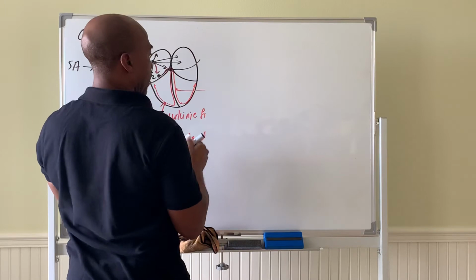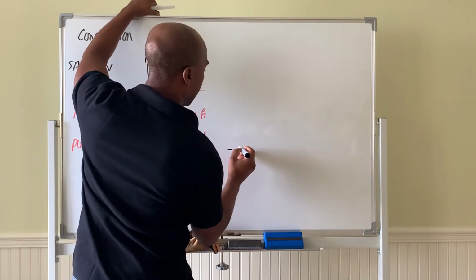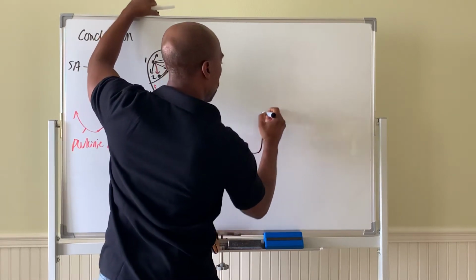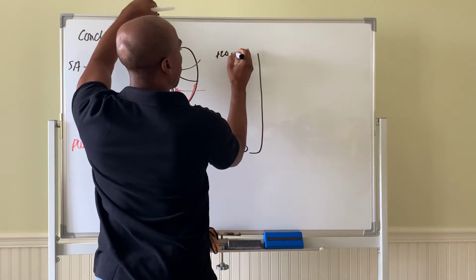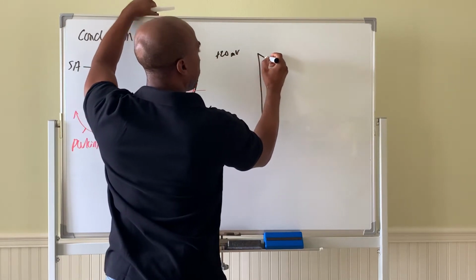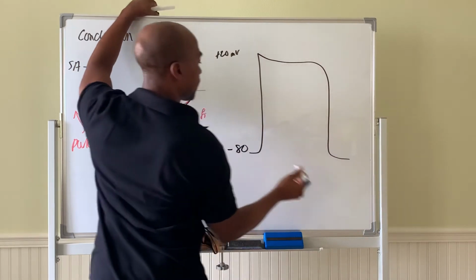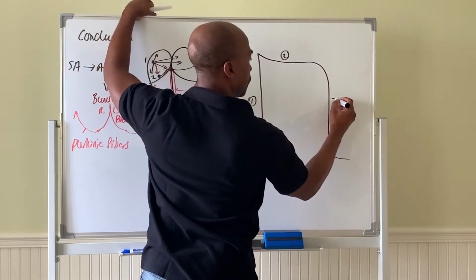So here, start around, say, around negative 80. So it comes up, goes way up, to around maybe plus 20 or so millivolts, pauses, and comes back down. Okay, so you have 3 phases here. Phase 1, phase 2, phase 3.